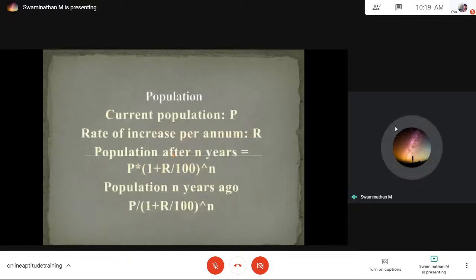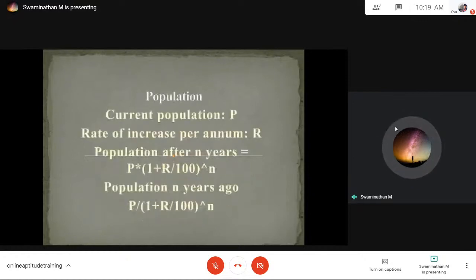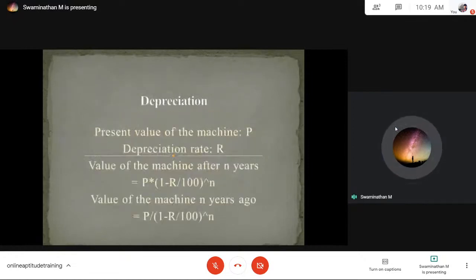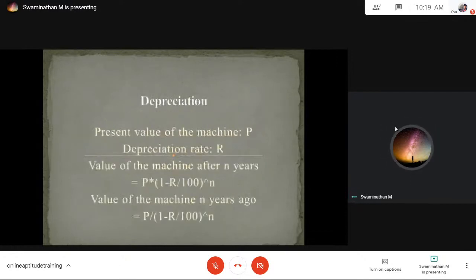If it is after n years, it is multiplied, and if it is n years ago, it is divided. The same rule: if population, it is added, 1 plus R by 100, and if depreciation, 1 minus R by 100. If it is after n years, it is multiplied, and if it is n years ago, it is divided.